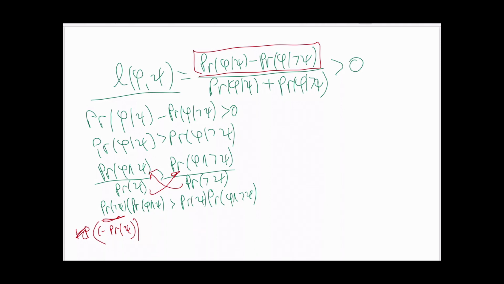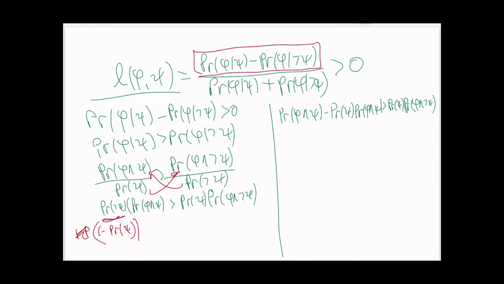So what does this give us? Well, this gives us that 1 minus the probability of psi times the probability of phi and psi. So that is the probability of phi and psi minus the probability of psi times the probability of phi and psi. That's greater than the probability of psi times the probability of phi and not psi.